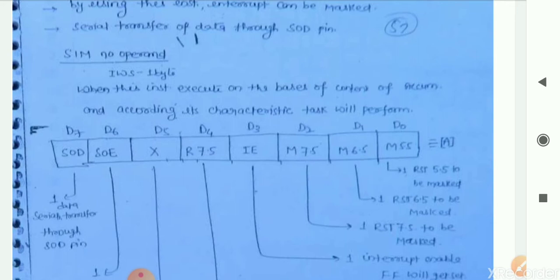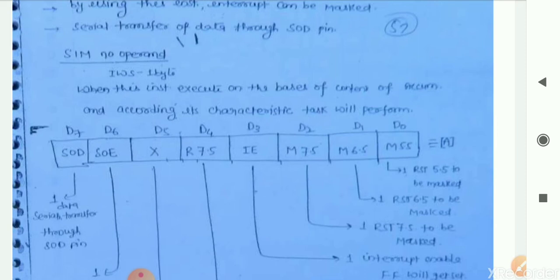If the D1 bit is 1, we can mask RST 6.5. If the D2 bit is 1, we can mask RST 7.5. Here the D3 bit of the accumulator describes interrupt enable.